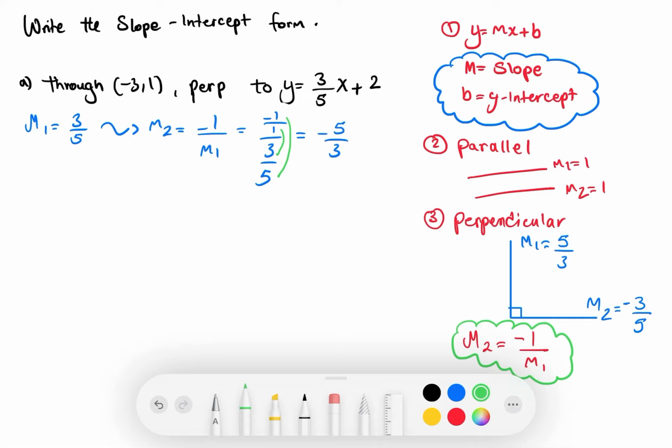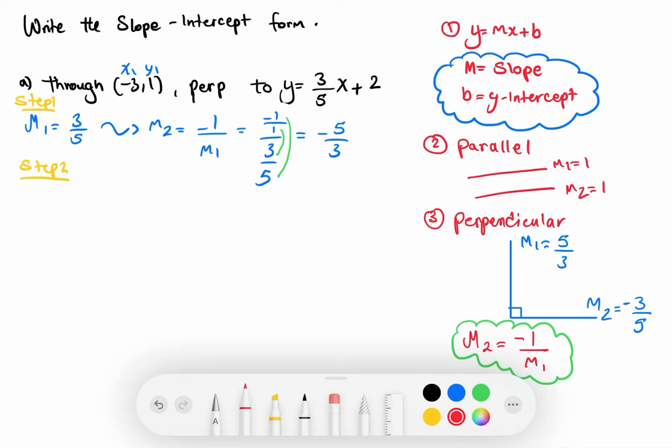Alright, so now that you've got the slope of this line, the next step is to just find the y-intercept. And you can use the information, this one, x1 and y1, to find the y-intercept. So this is step 1. This is step 2.